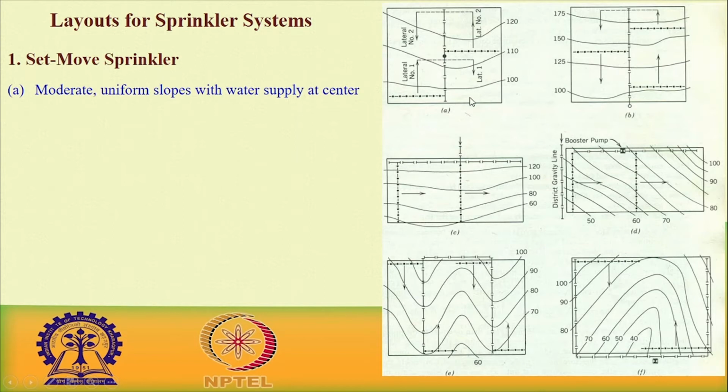You can see here cases, figure A, B, C, D, E and F. So, these are the different types of conditions which exist in the field.